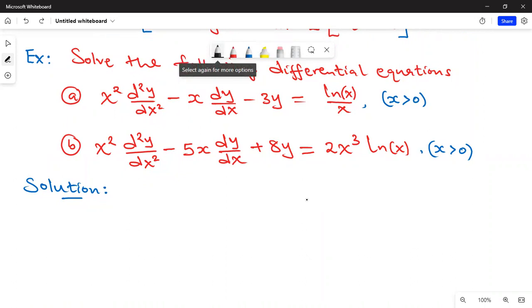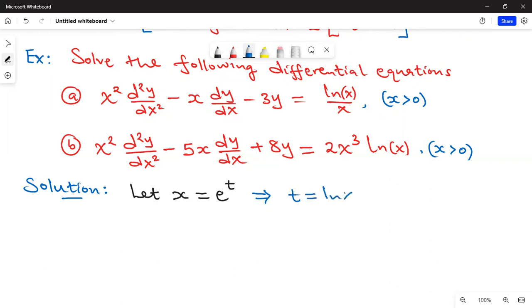So what we always do is that where we have x, we are going to let that be exponential t, so that if I make t the subject, t will be equal to ln x. So we are using a change of independent variable.